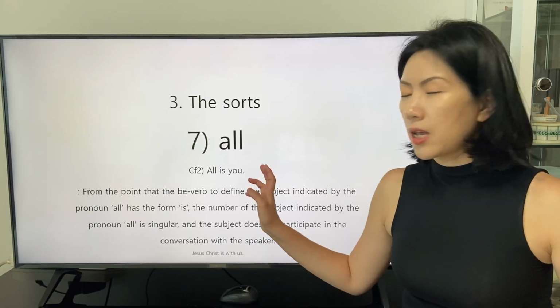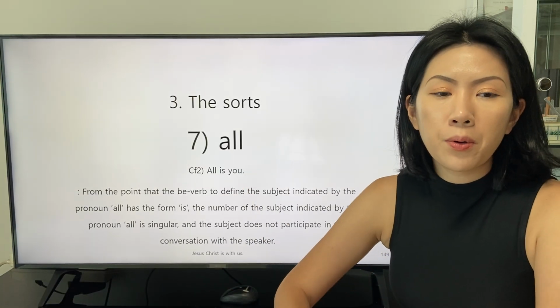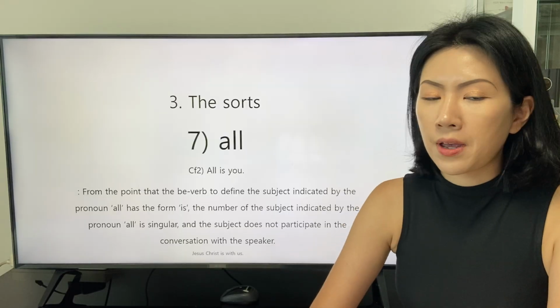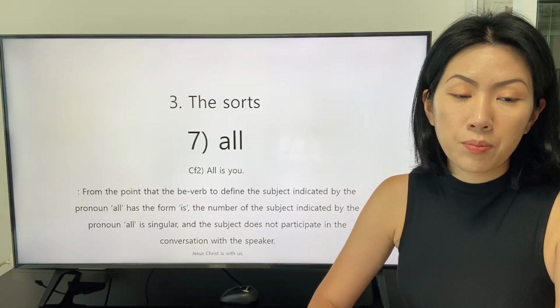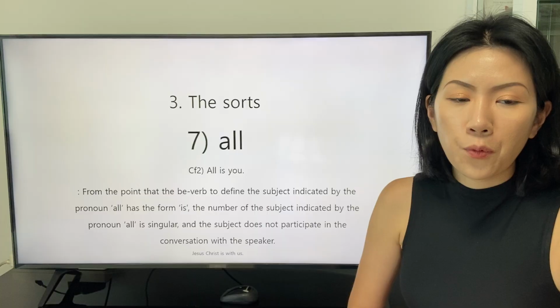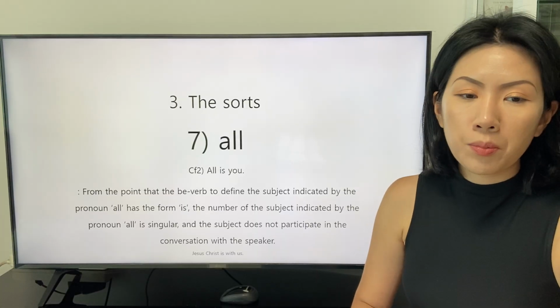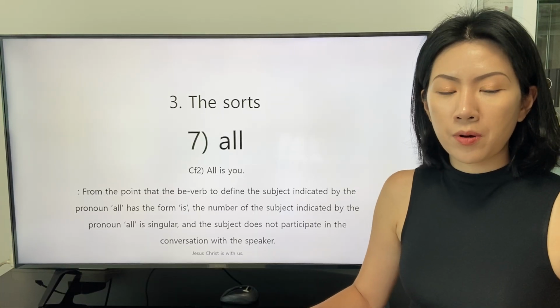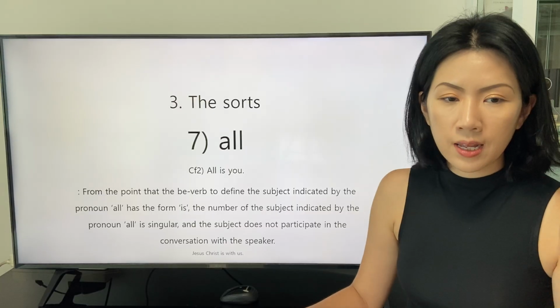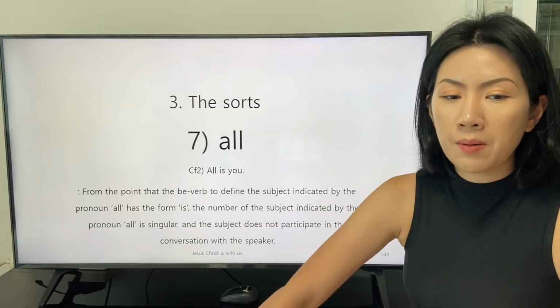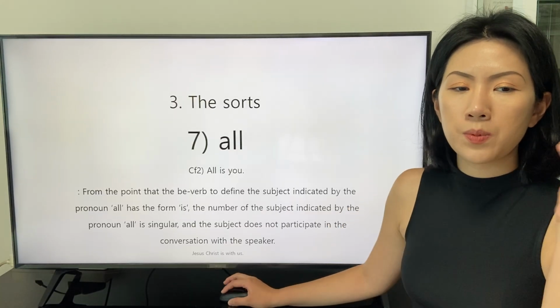Let's take a look at the second consideration. From the point that the be verb defining the subject indicated by the pronoun all has the form is, the number of the subject indicated by the pronoun all is singular, and the subject does not participate in the conversation with the speaker.